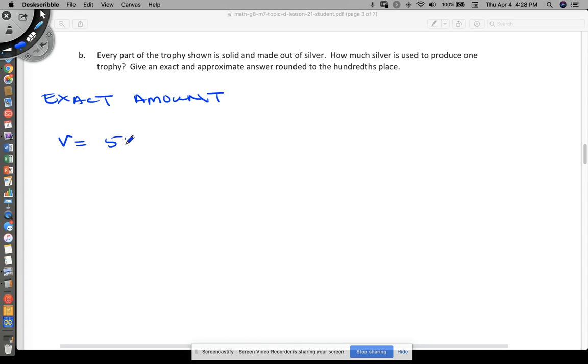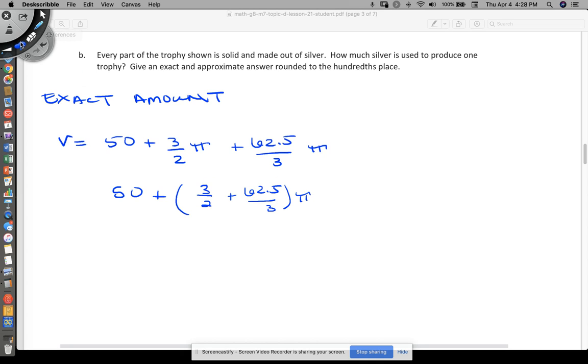So we're going to say volume equals 50 plus 3/2 pi plus 62.5 over 3 pi. Taking all my answers that you guys added up together, this gives me 50 plus, now I'm going to combine these two. So 3 over 2 plus 62.5 over 3 pi. Now I need a common denominator here, which would be 6. So I'm going to multiply this whole thing by 3, this whole thing by 2. So that's going to give me 50 plus 9 over 6 plus 125 over 6 pi.